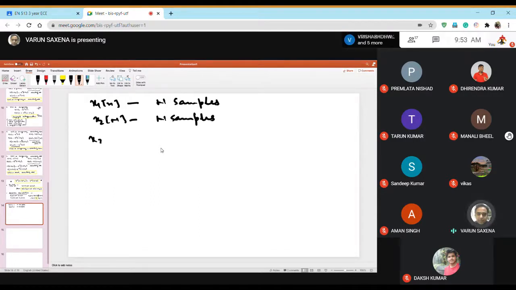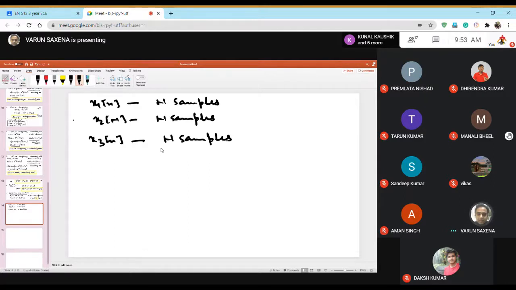And your resultant x3n, which is a circular convolution of these two, will also be of n samples. Unlike linear convolution, where if the sequence 1 is of length capital N1 and the second sequence is of length capital N2, then the total length is N1 plus N2 minus 1. But that doesn't happen here. It will be of n samples.